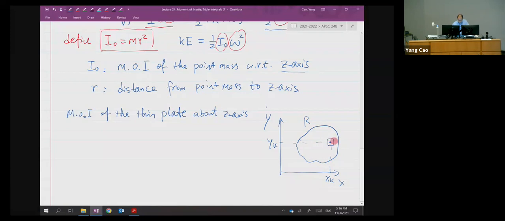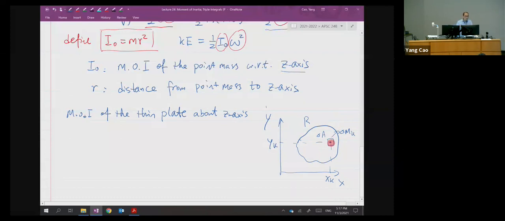You have a very small patch here, and you can call this delta A, a little area. Because it's a small area, you can have a very small mass associated with that small area. Let's call this delta mk. That's the mass associated with that little patch.